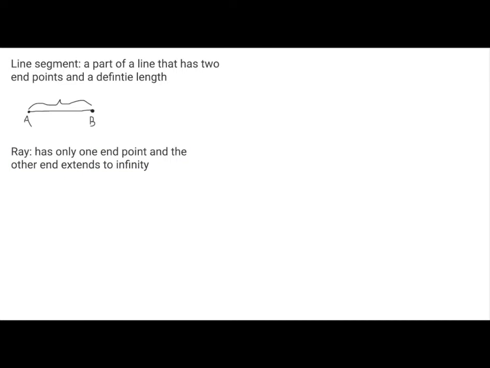The other end extends to infinity, and it would be drawn as the following. So starting with our point A, and this goes on to infinity. Now we could denote this by drawing an arrow like so. Of course, I'm not actually going to draw to infinity because that would take a very long time, or more accurately, an infinite amount of time.